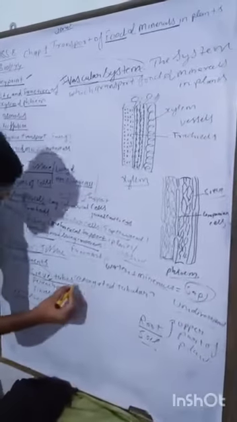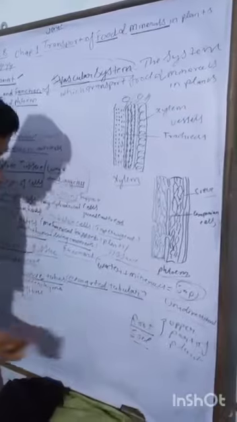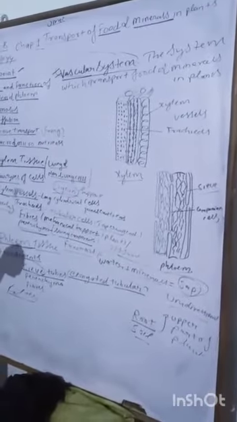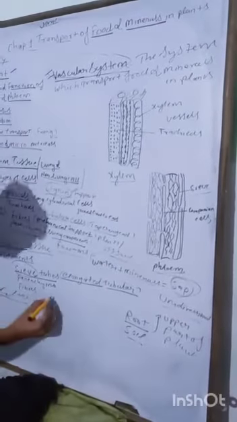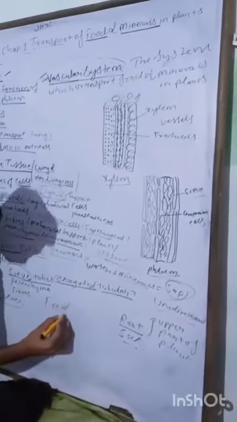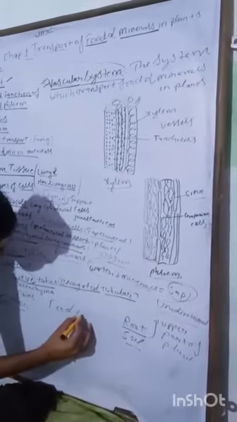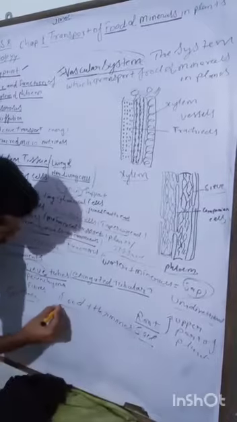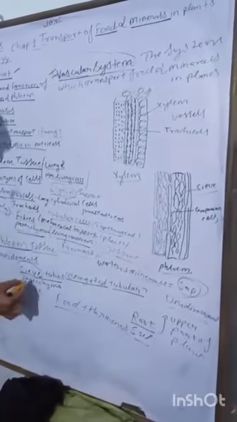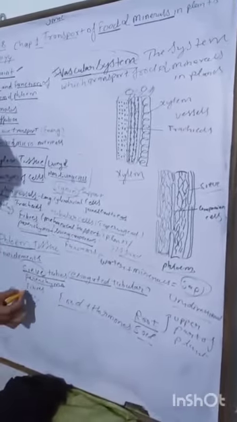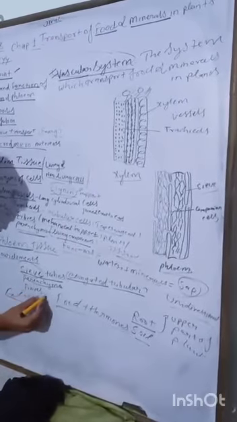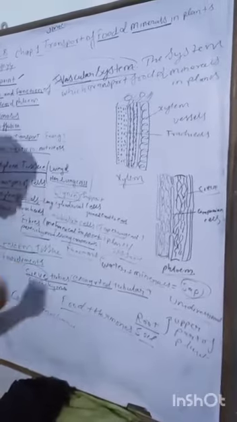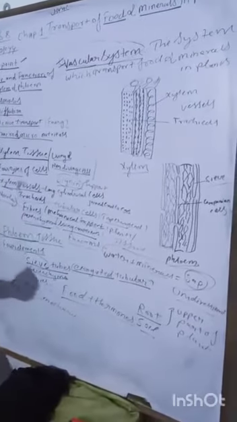Sieve tubes are also elongated, tubular tubes that help to transport food and hormones in plants. Next is parenchyma, which provides support, and next, phloem fibers provide mechanical support to the plants.